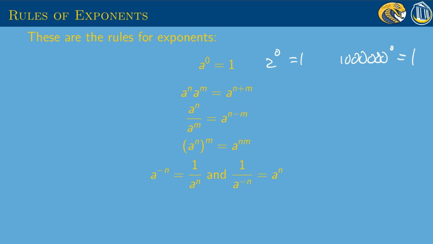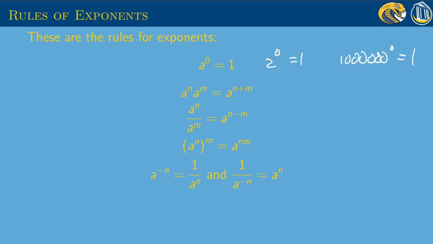Next, we can look at two exponents being multiplied together that have the same base, a to the n times a to the m. As long as the bases are the same, we can just add these exponents, a to the n plus m. Similarly, if we're dividing two exponents that have the same base, a to the n divided by a to the m, we can just subtract the exponents.